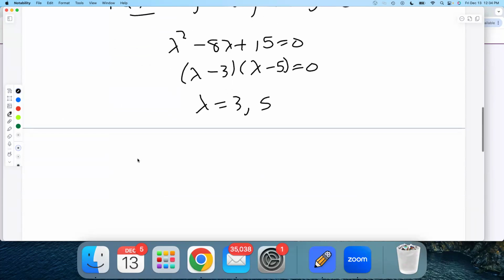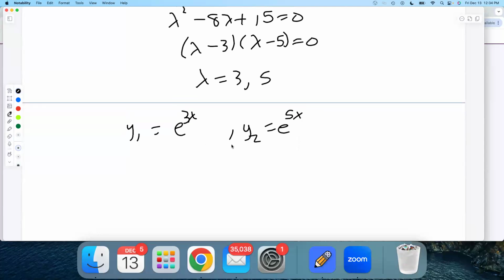Okay, so that means we have two different solutions here. We've got, say, y1 equals e to the 3x, and y2 equals e to the 5x. Now, these guys are linearly independent.